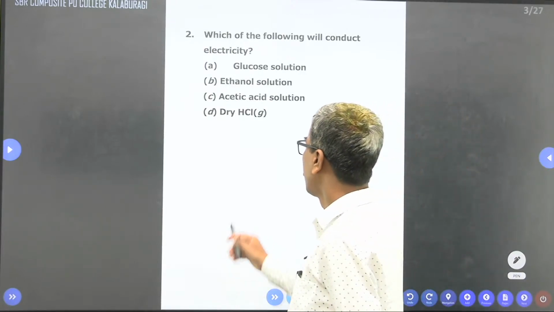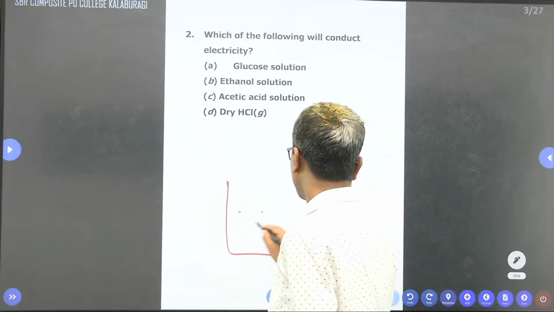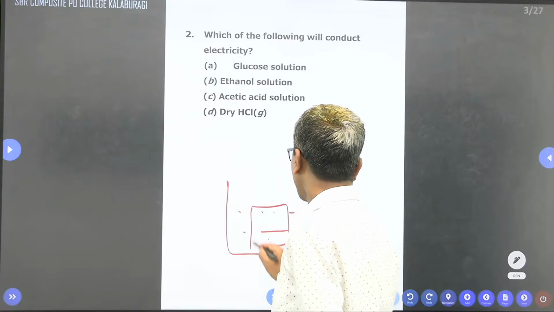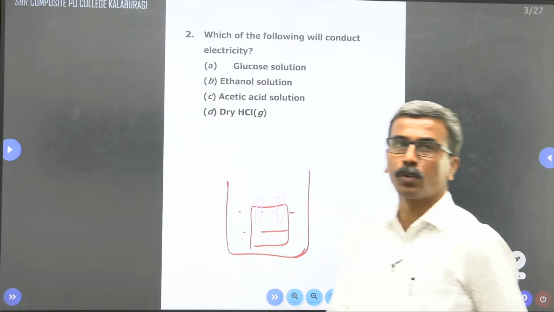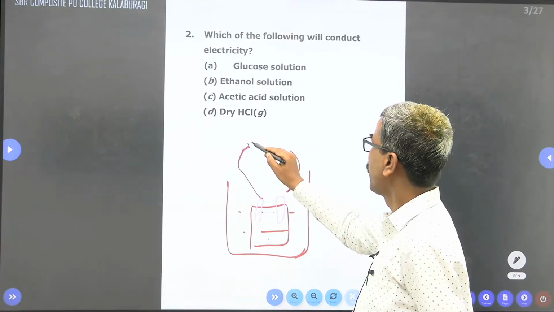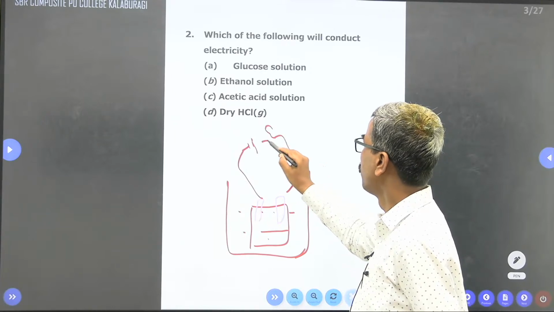In a beaker filled with HCl, an acid solution, we fixed two nails to the rubber cork, and these two are connected with an external wire to a battery. Then we connected one bulb.